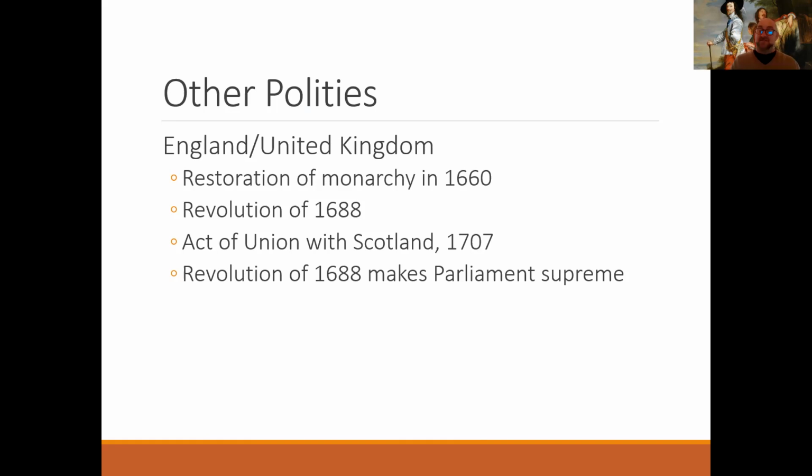In 1660, after the civil wars had come to an end and Oliver Cromwell dies, the monarchy is eventually restored. For the better part of the next 30 years, there's going to be a real struggle between Parliament and the King. I'll get to this next time, but it's going to end with a revolution in 1688. Then in 1707, England signs an act of union with Scotland and becomes the United Kingdom.